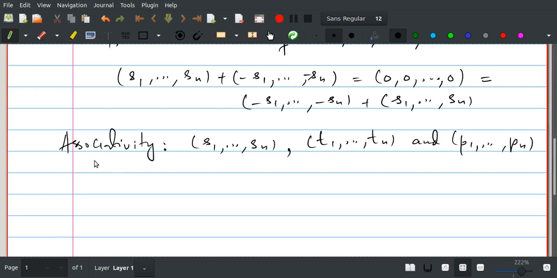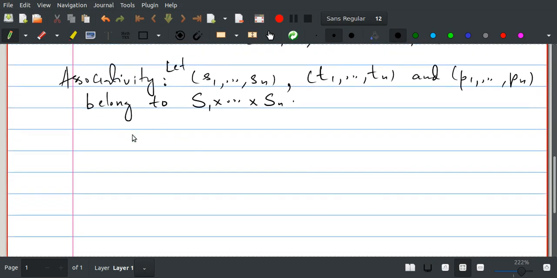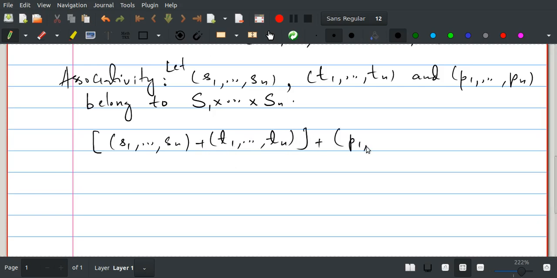They belong to S1 cross so on cross Sn. Now S1 through Sn plus T1 through Tn plus P1 through Pn.